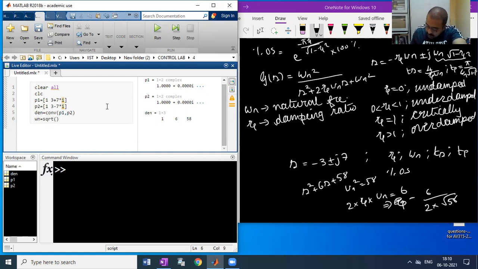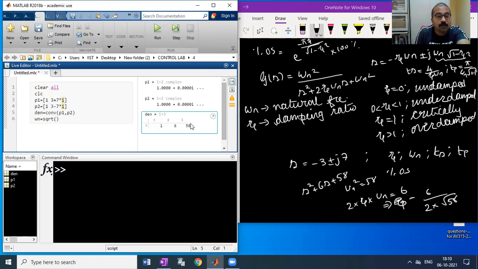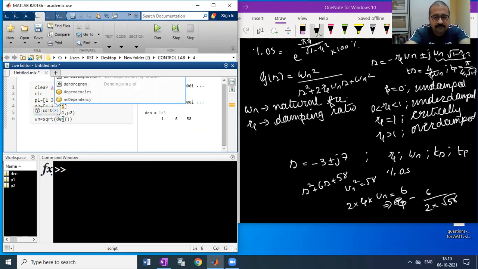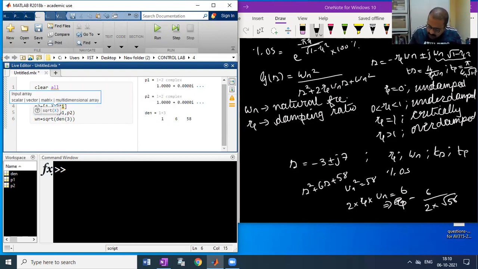So you see, this 58 is the third term in the polynomial d. So I can write this as square root of d of 3. What does it mean? It means that we need to take the square root of the third part of the denominator.